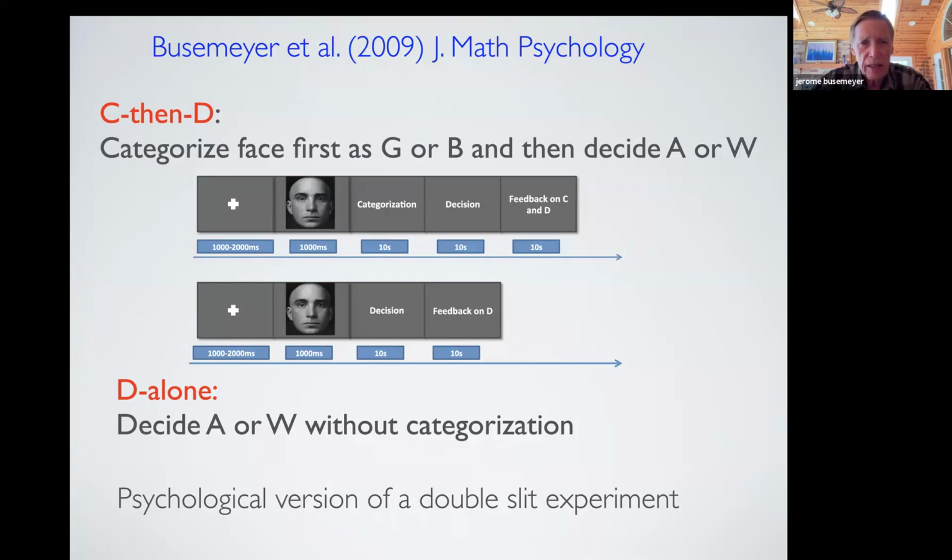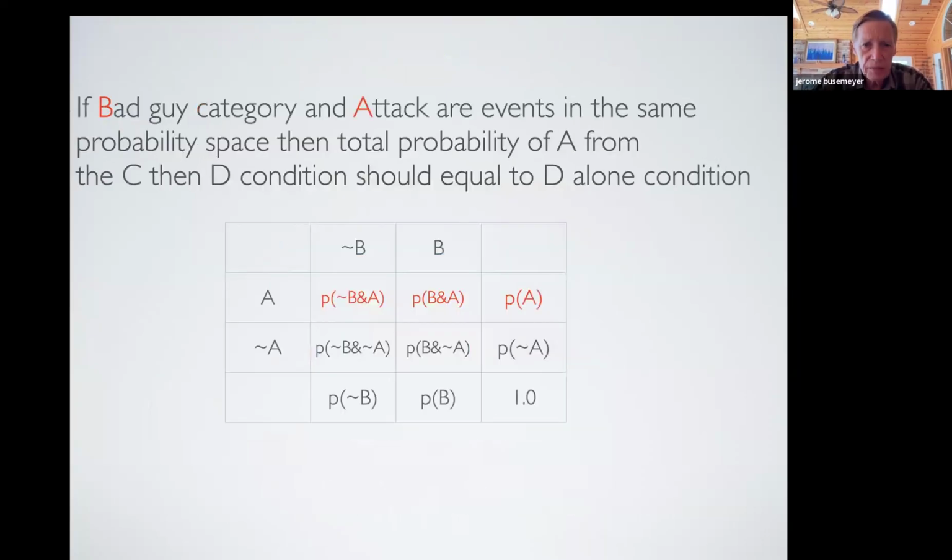So we have one context where we look at the decision when they first categorized, and another context where we look at the decision when they didn't categorize. Now, in the decision alone, presumably the category should be implicitly coming up in their mind because the category is still important, but we just didn't ask about it. So supposedly they're implicitly thinking about it, but we didn't ask them to make any judgment about it. So that's the two contexts.